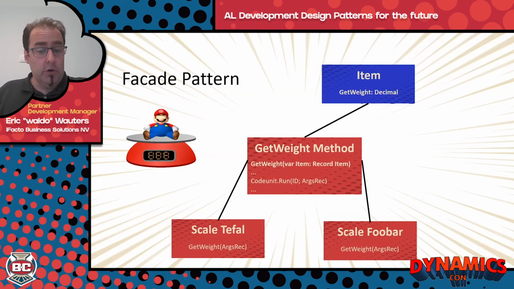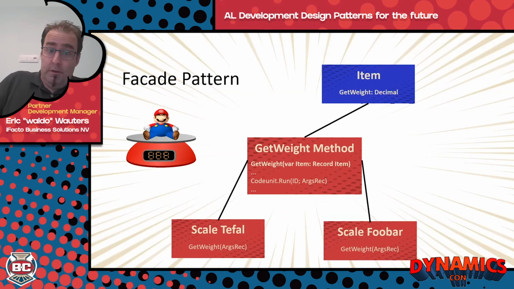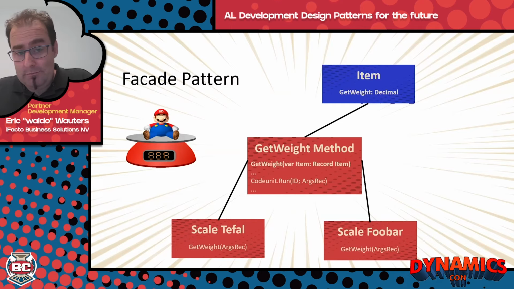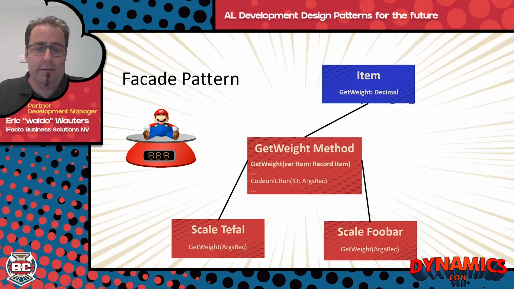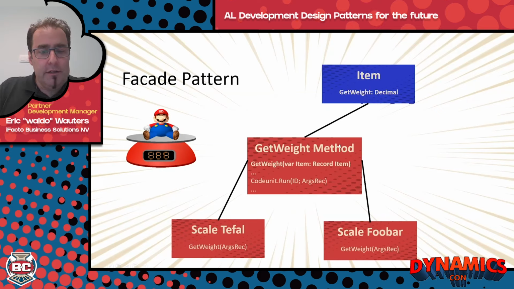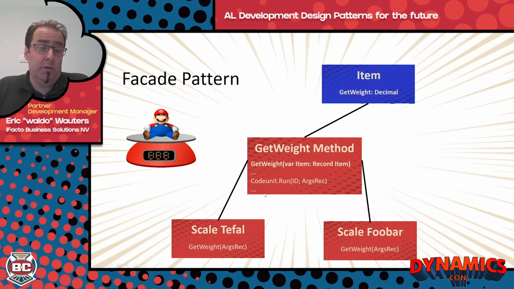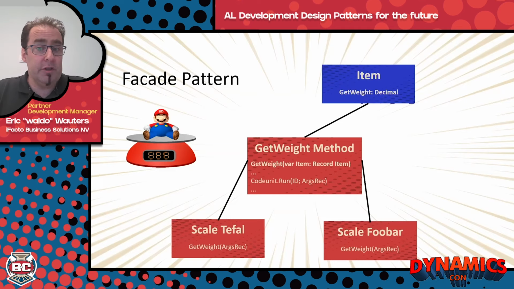Or another codeunit that is going to maybe call a microservice or anything like that. It should be independent and it should be extensible. All right. So the main part here is this one, which is a codeunit that decides which codeunit to run for getting the right implementation in this scenario, right?